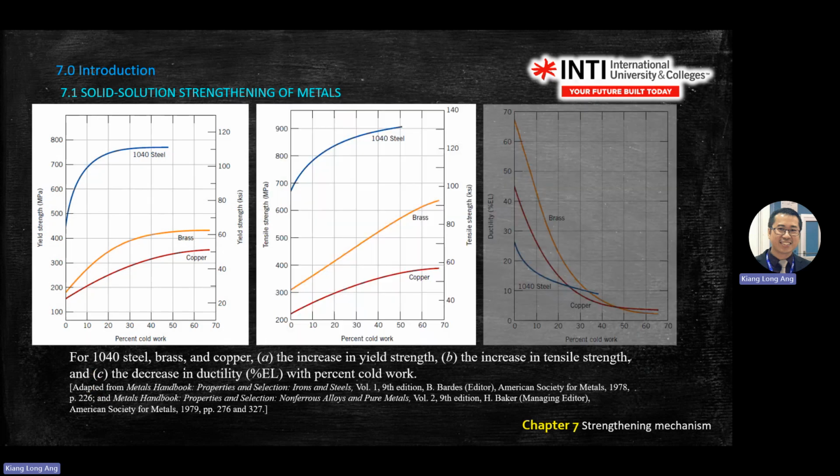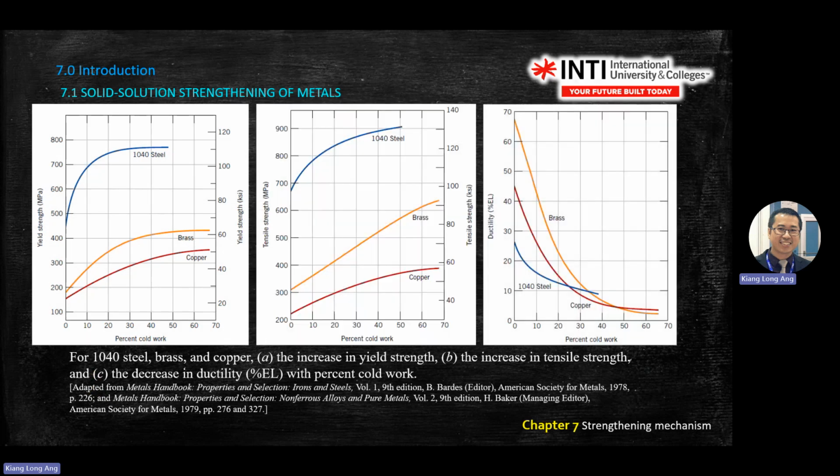So there are a few graphs that are very popular for assessment. In the first graph here, the y-axis is the yield strength versus percentage of cold work. Just now we did one equation, percentage of cold work is the change of area divided by original area times 100%. Basically, it's a deformation or it's a strain equation.